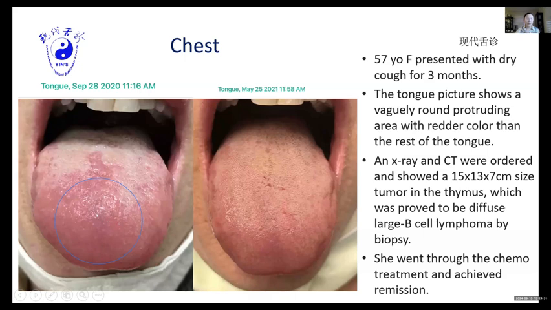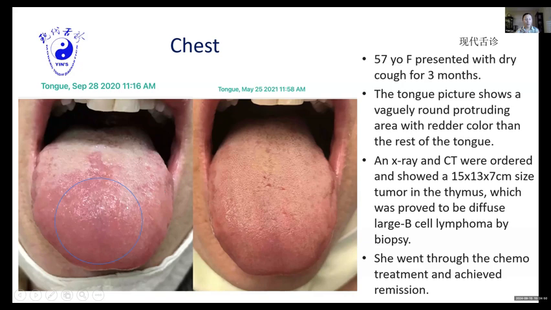So I sent her for an X-ray, and the X-ray showed a tumor. They did a CT the next day, which showed a 15 by 13 by 7 tumor in the thymus. Later a biopsy showed that she had diffuse large B-cell lymphoma.